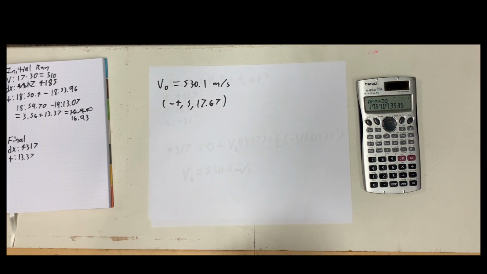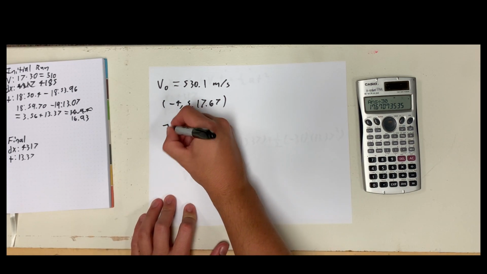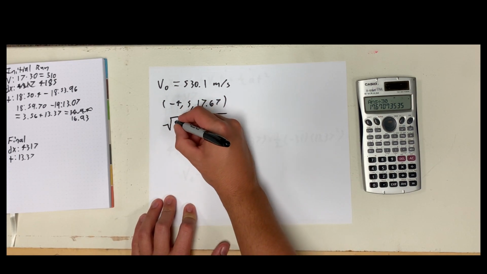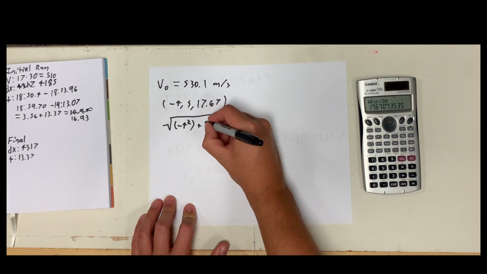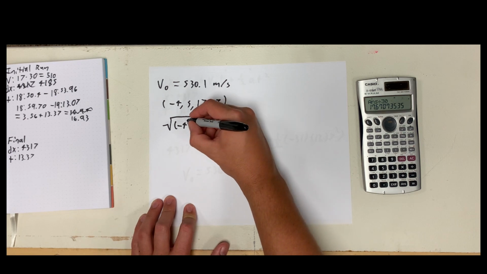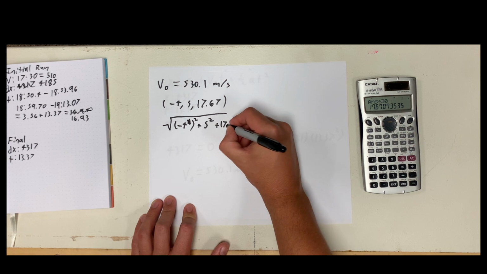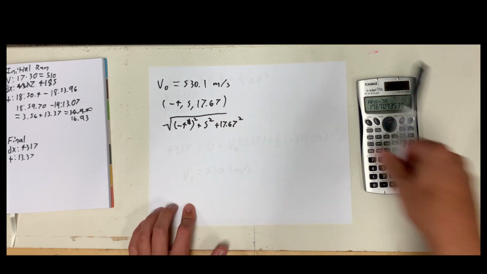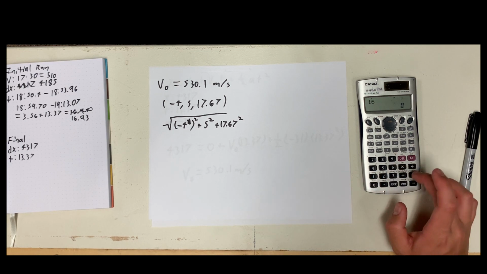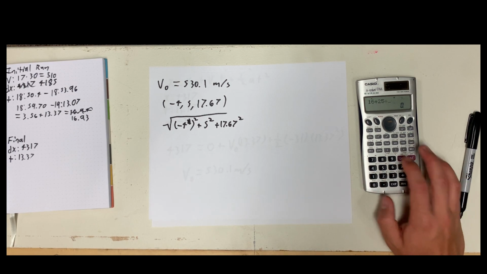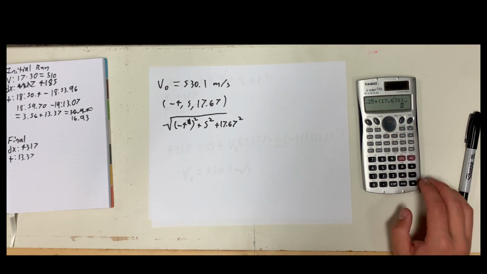So now we need to do some math to get just one number saying how far he went. So to do that, we're going to use the Pythagorean theorem. So -4 squared plus 5 squared plus 17.67 squared. So now, let's run this. So -4 squared is going to be 16, 5 squared is going to be 25, plus, unfortunately I don't know this one off the top of my head.